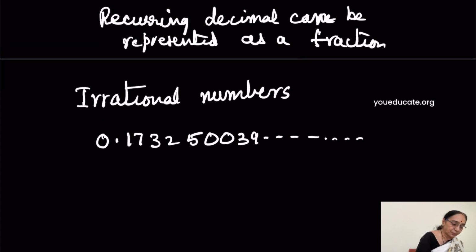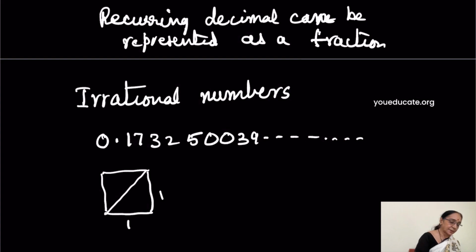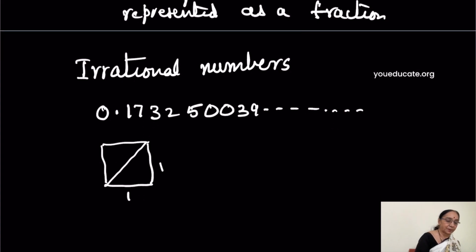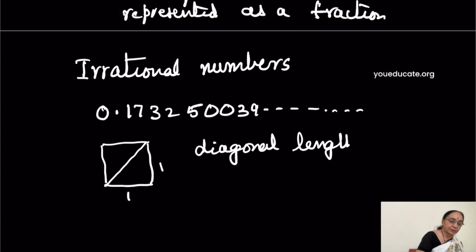And also, if you take a square of side 1 unit, and if you consider the diagonal, you are familiar with the Pythagoras theorem. What is the diagonal's length? You can use the Pythagoras theorem and get it.